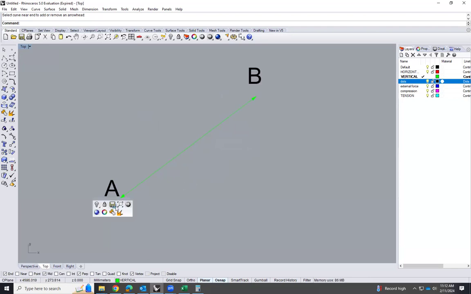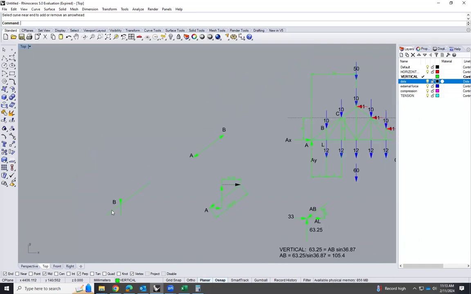If I'm analyzing point A, the arrow goes down, but if I'm analyzing point B, the arrow has to go up, because if I analyze the whole bar there should be equilibrium; if both arrows point in the same direction, the bar will move. So that's why at point B, I need to select this one.